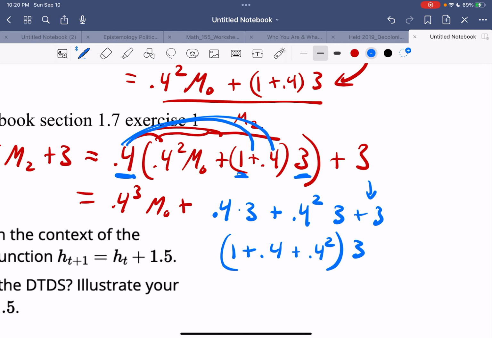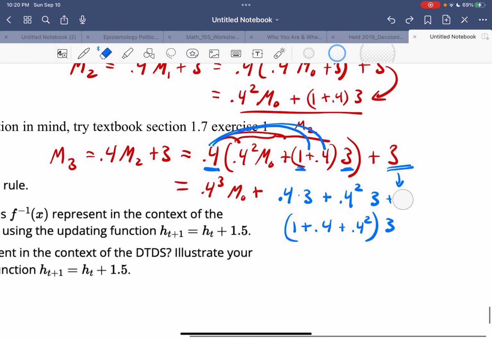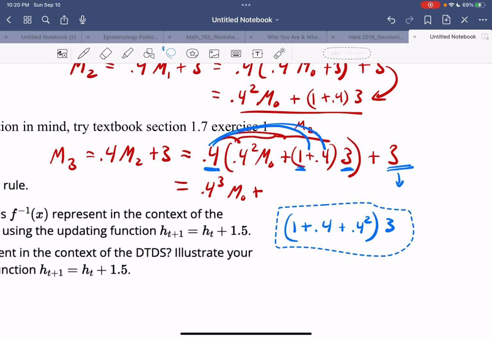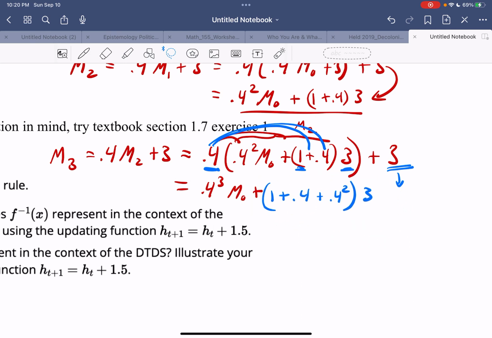So I factored out the 3, and I rearranged it so this 1 comes first, and then the 0.4 and then the 0.4 squared. So this is gross. I'm so sorry. Hopefully, if it doesn't make sense, you can rewatch the video or ask me, and we'll sort of get there.